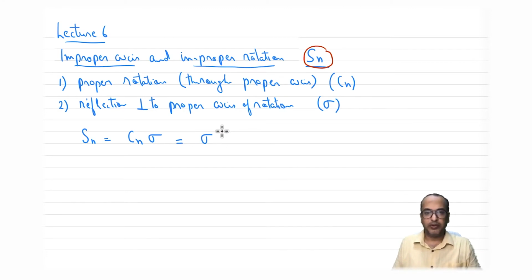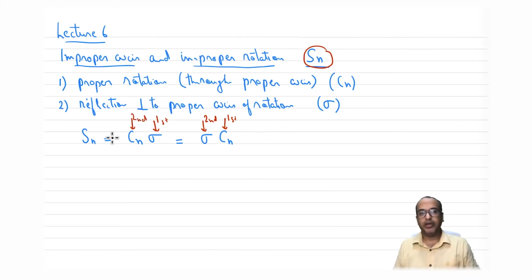You can apply Cn first and sigma second, or you can apply sigma as the first operation and Cn as the second operation.